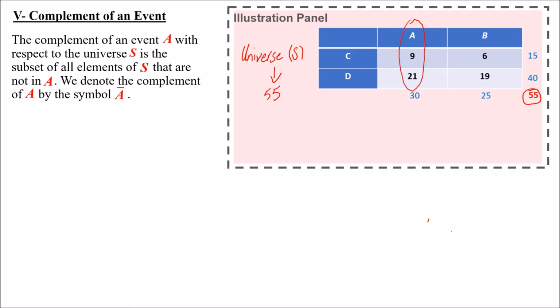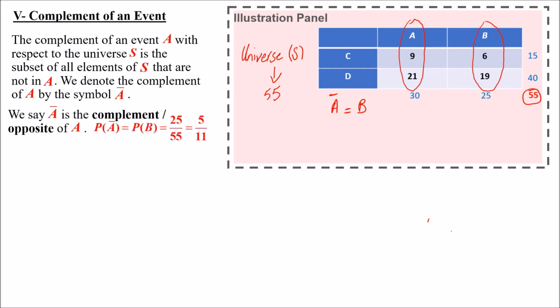They are the elements of B. So here, these 25 elements are the elements in S that are not in A. So we say that B completes A, or B is the complement of A. Therefore, A bar is equal to B. We say A bar is the complement or opposite of A.